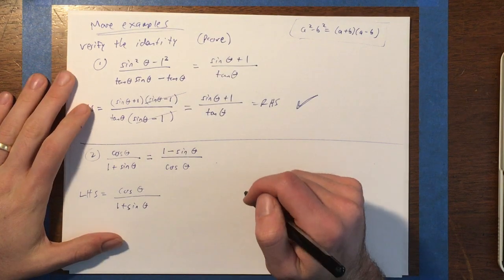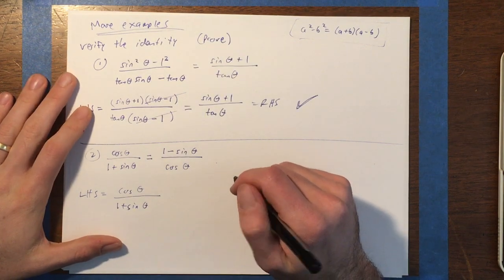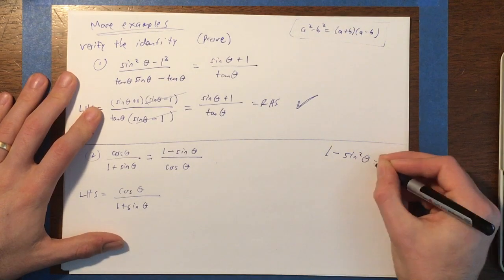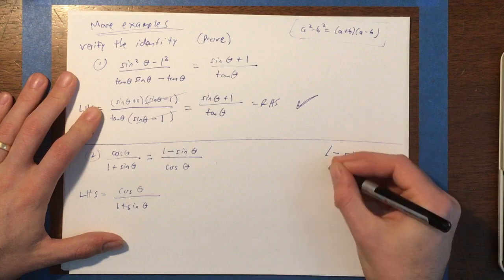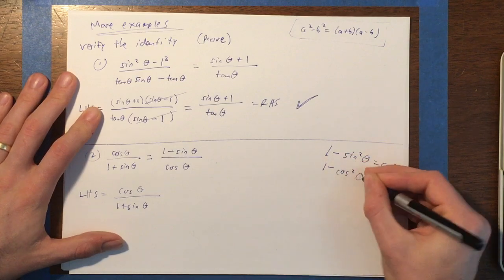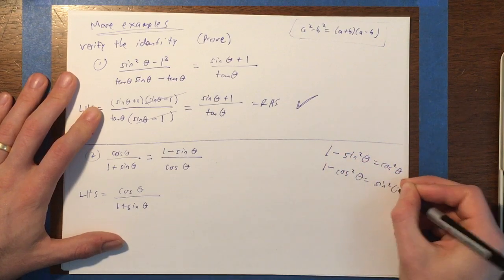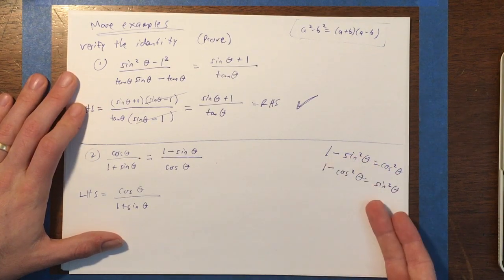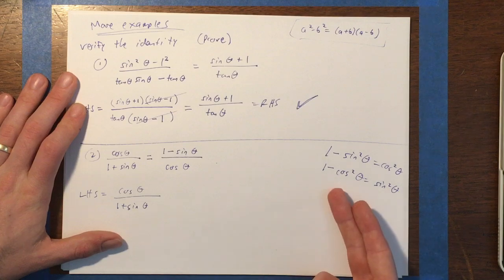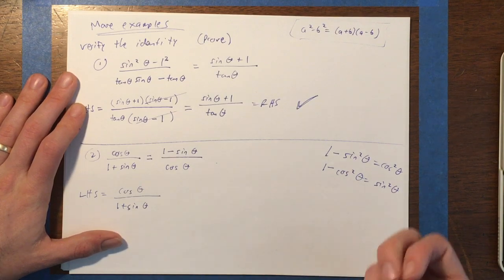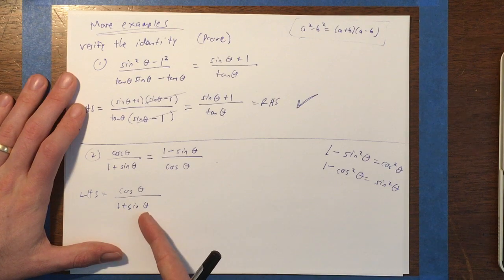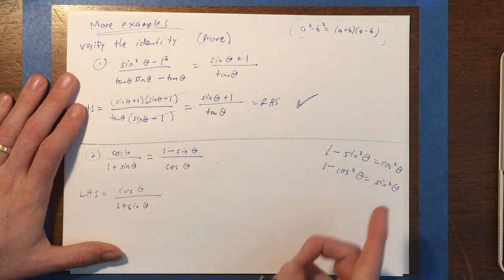In particular, whenever you have something like 1 minus sine squared, that's always equal to cosine squared, and 1 minus cosine squared is always equal to sine squared. These are both basically equivalent to the Pythagorean identity, but just with a term subtracted over to the other side, right? So if we can get, instead of 1 plus sine, 1 minus sine squared, then we would be able to apply that.